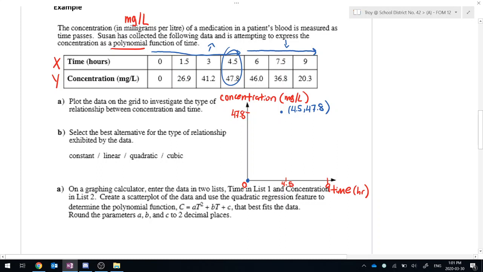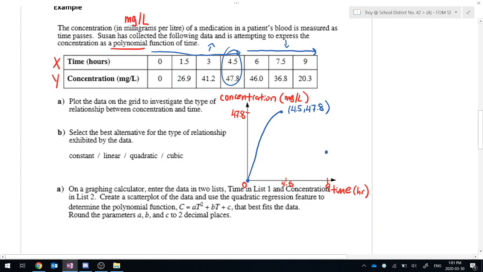So just to make a rough sketch, of course we're increasing, then it starts to level off a little bit, it seems, at the start. So it goes up here. And after there, it drops after 9 hours to about 20.3. So taking a look at my scale on my y-axis, 9 hours obviously is here, and then 20.3, let's say approximately here, for example.